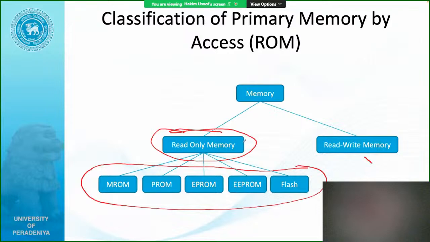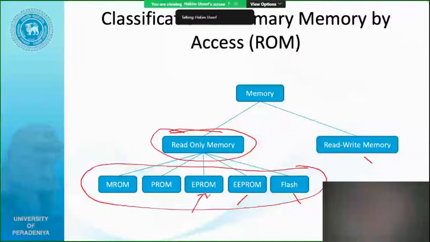There are different types of ROM. Flash ROM is the type you'll get in your pen drives or USB sticks. Electronically erasable and programmable ROMs are what you get in current computers. Erasable programmable ROMs are what you used to get.